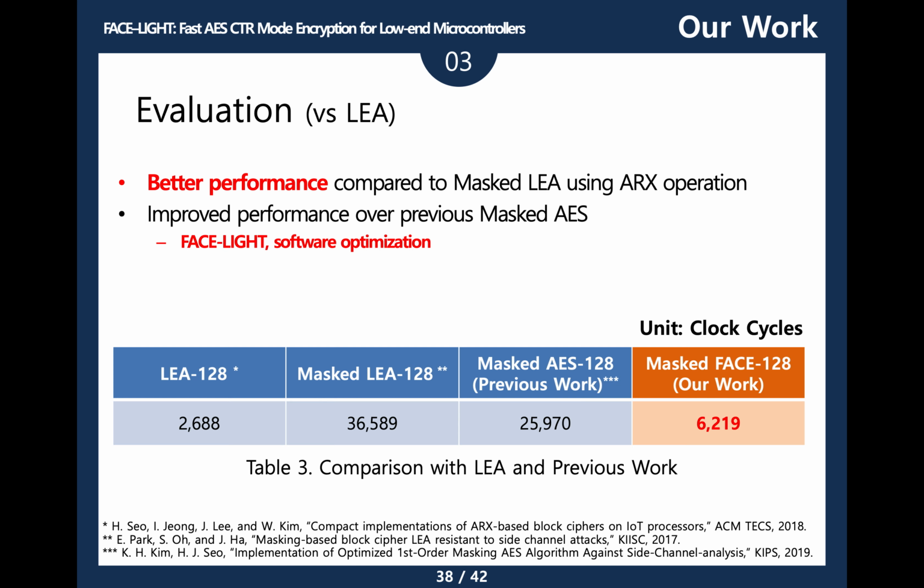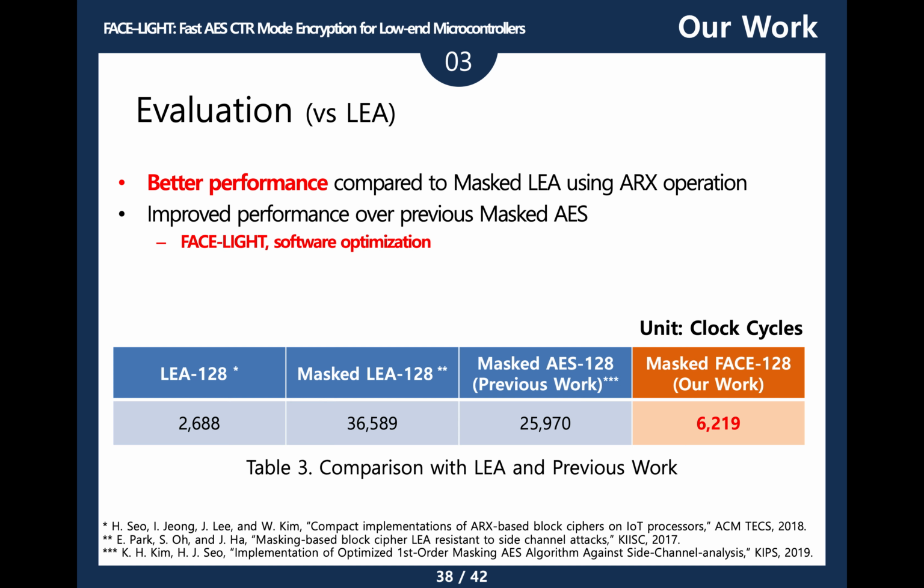If we compare our masked phase light to other lightweight cryptography such as LEA, we can see it is much faster than masked LEA. This is due to the fact that LEA uses ARX operation, which decreased the performance dramatically when applying the masking technique because of its complex arithmetic Boolean operation.